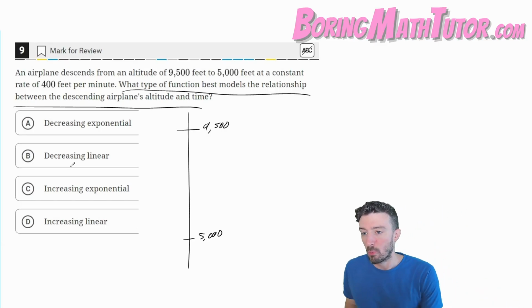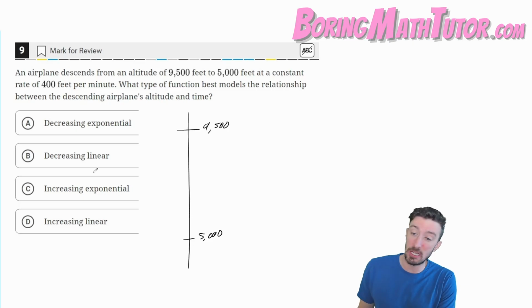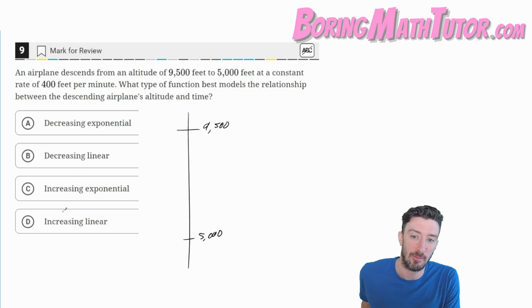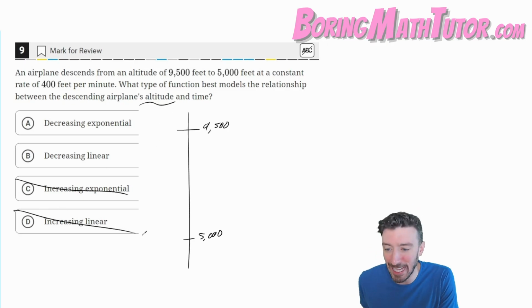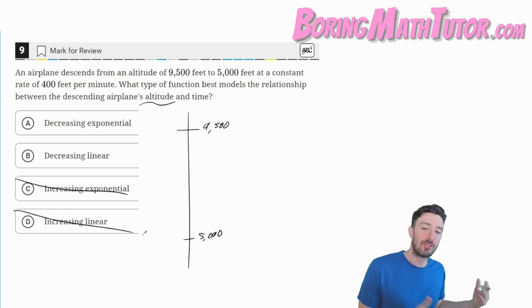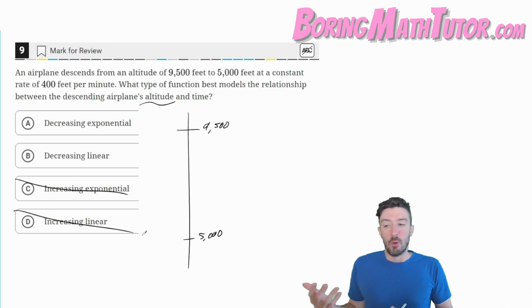Well, we either have to go with decreasing exponential, decreasing linear, or the increasing versions. But it definitely ain't increasing. The altitude ain't increasing. So is it decreasing linear or is it decreasing exponential?